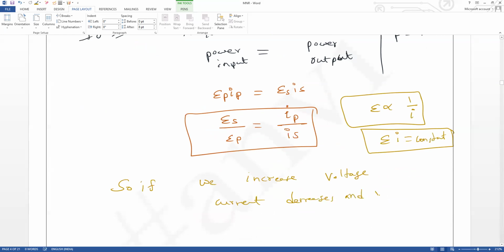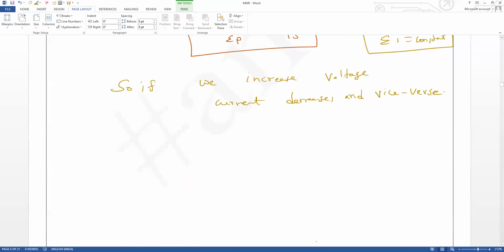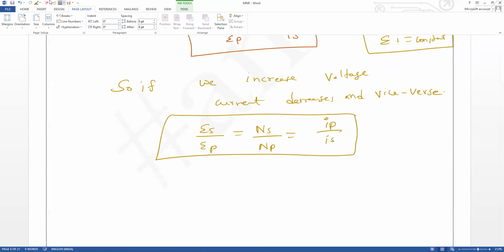And the same way, if the current increases, then the voltage decreases. So ES by EP is equal to NS by NP, but it is the opposite for currents: IP by IS, the current in the primary coil divided by the secondary coil. That is what you have to remember. It is the most important valid relation for solving numericals. Any doubt, please let me know.